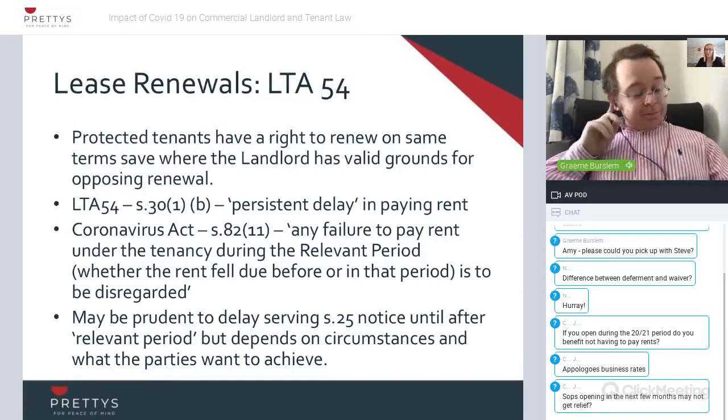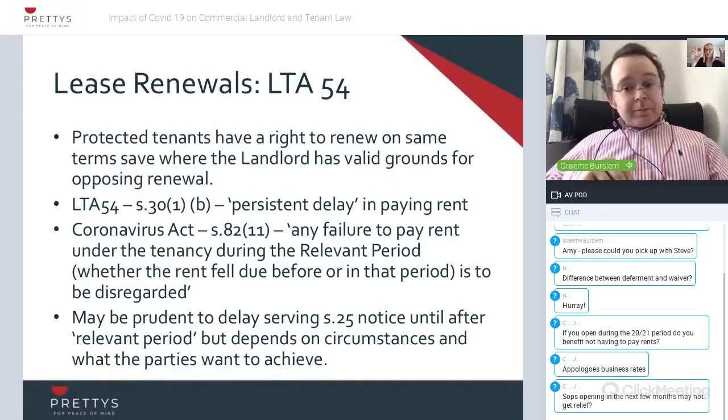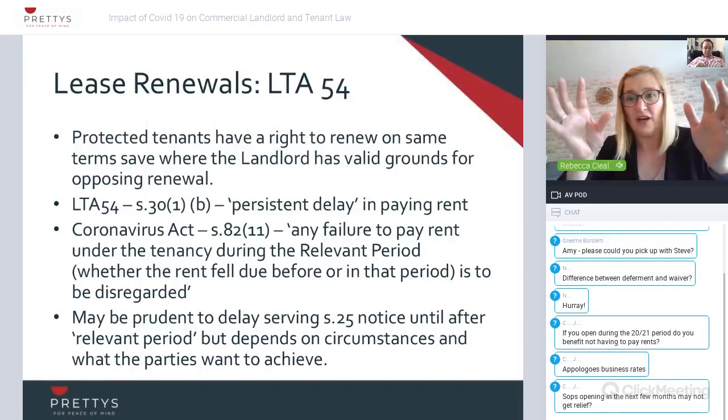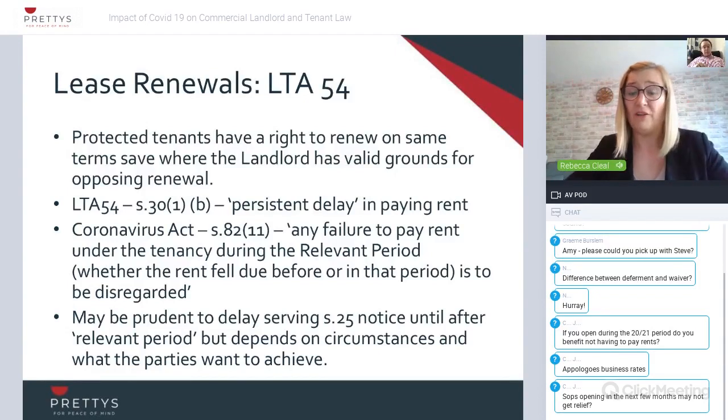I think the whole point with it, Graeme, was that they didn't want rent payment over the relevant period to be used as a kind of cleaver just to get rid of tenants that the landlord didn't like. It's only meant to cover that troubled relevant period, essentially.